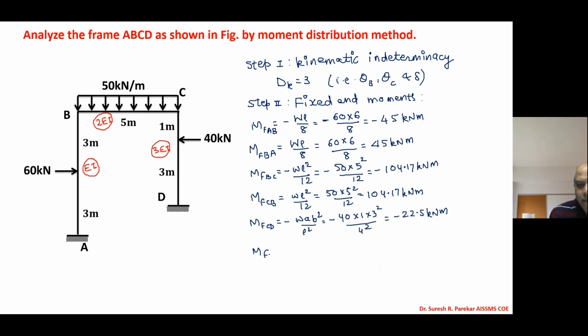MFDC equal to W A square B upon L square, which is 7.5 kilonewton meter. Now we have step 3, stiffness coefficients.